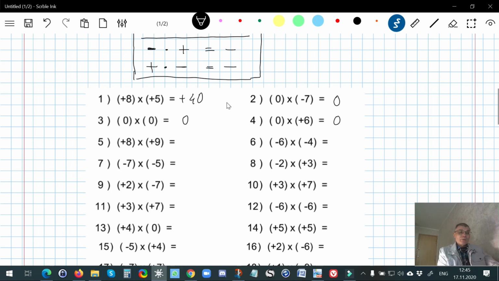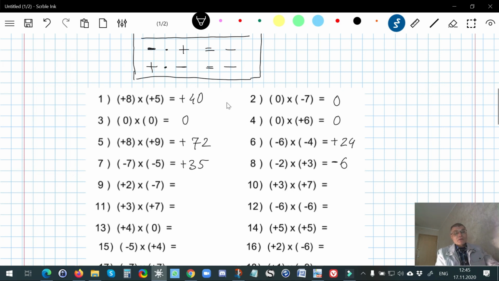Here in 5 we have both positive signs, so the resulting sign is positive, and that's positive 72. And in 6 we have both negative signs, so the sign is again positive, and 6 by 4 is 24. Both negative numbers, both negative signs, give us a positive sign, and this is 35. Here, negative times positive. We know that in this case we have negative, and it's negative 6.